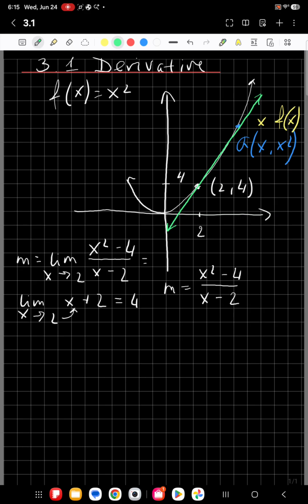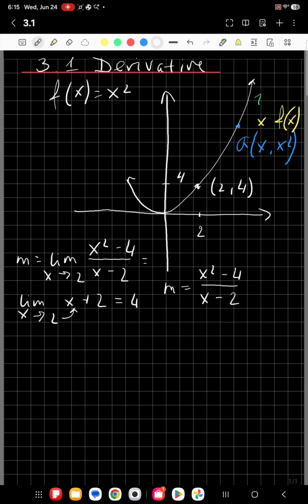But as we're bringing that Q closer and closer to my point 2, 4, eventually if we calculate the limit, we actually get the slope of the tangent line, which would be this line at that particular point. So that was 4. Anyway, let me erase this. This is just ugly.